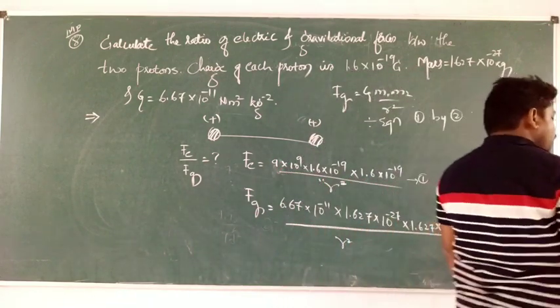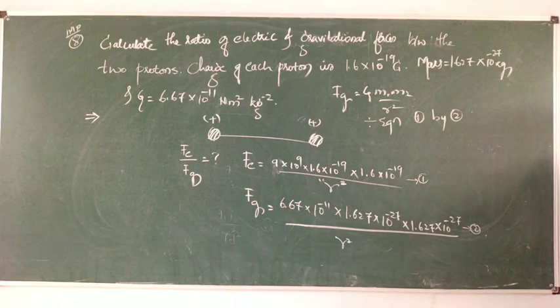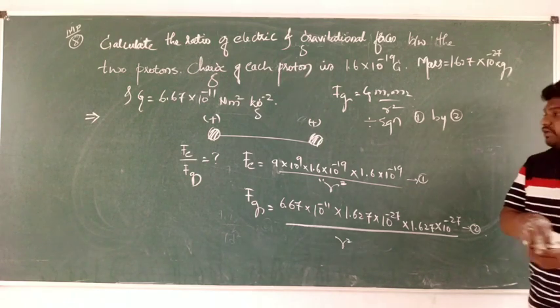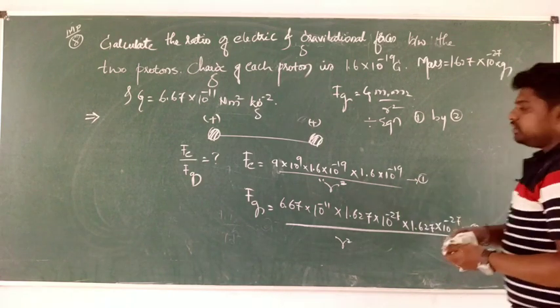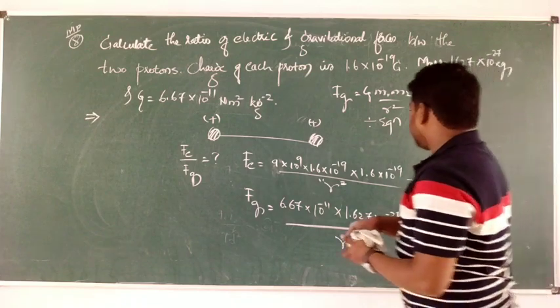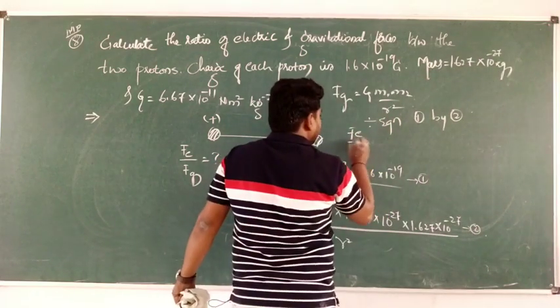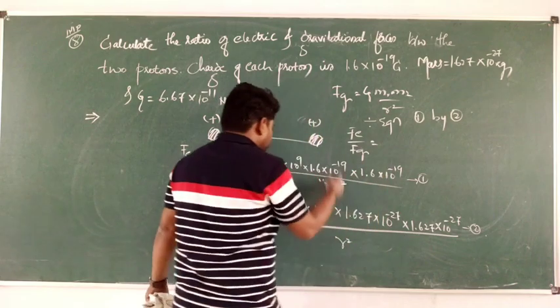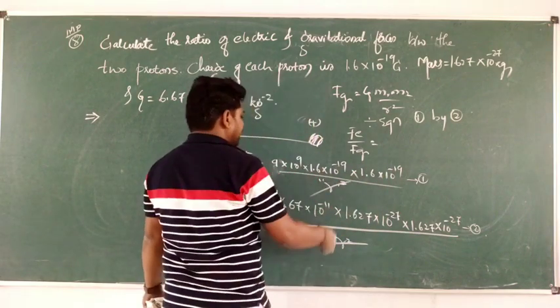When you divide equation 1 by 2, we get Fe divided by Fg. Substitute these values. R square will get cancelled.